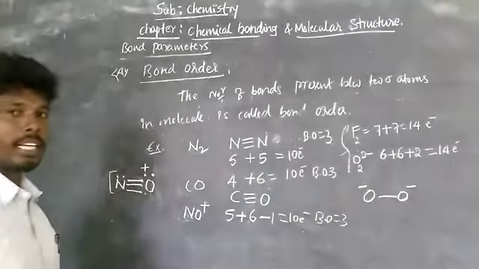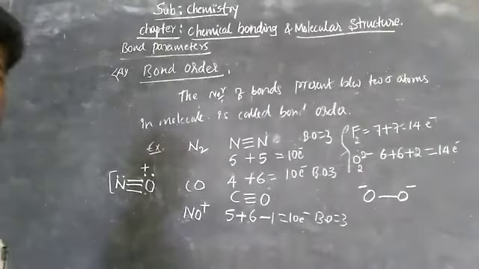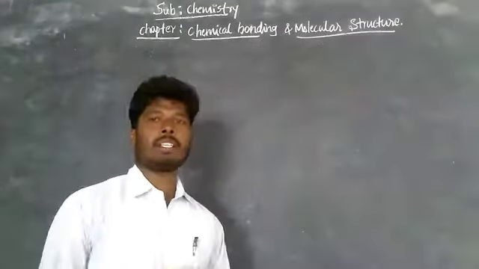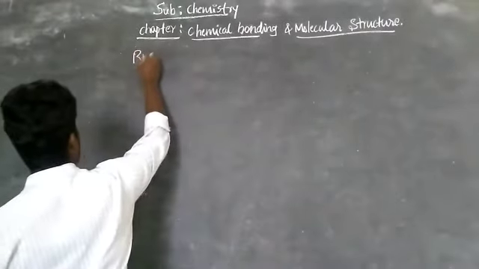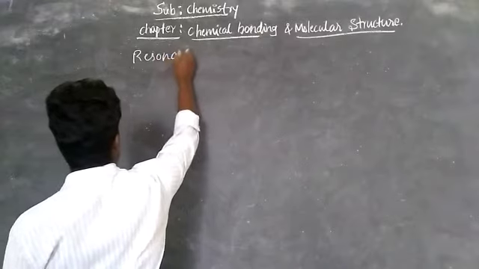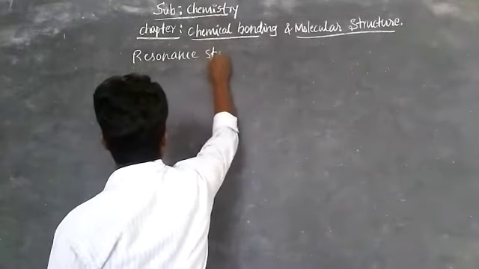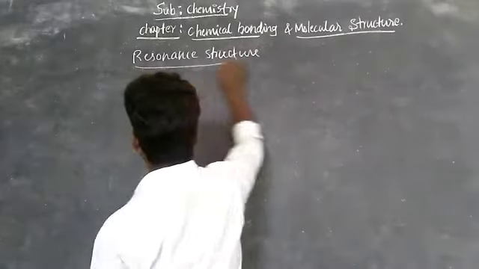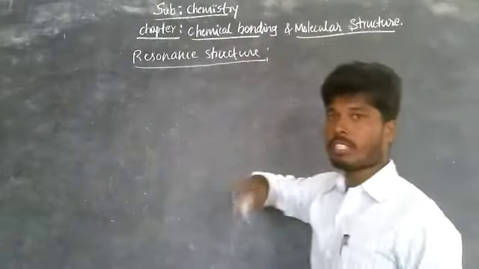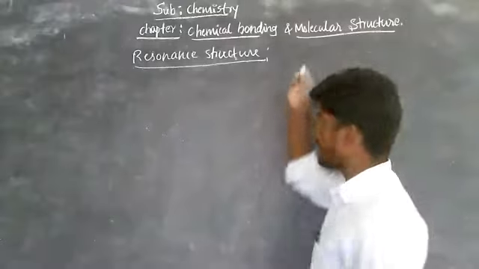Then take the resonance structures. The next concept is resonance structures. Resonance structures is also called as canonical structures.